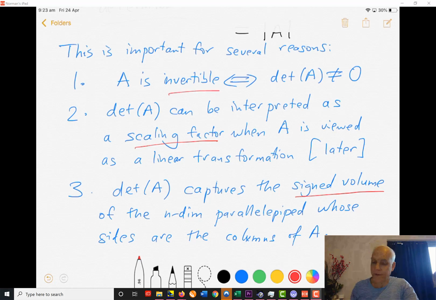So there's three kinds of, at least initial, motivations for introducing determinants.